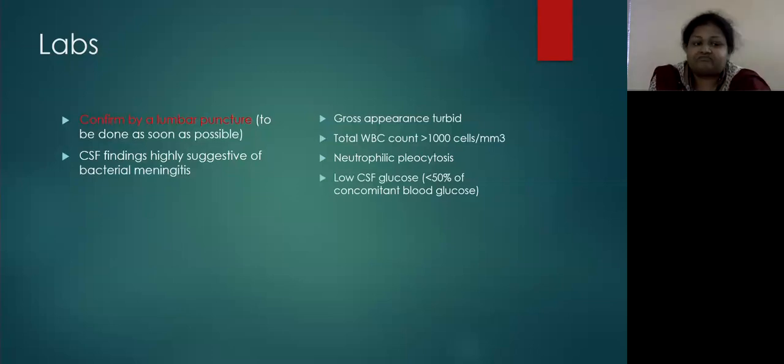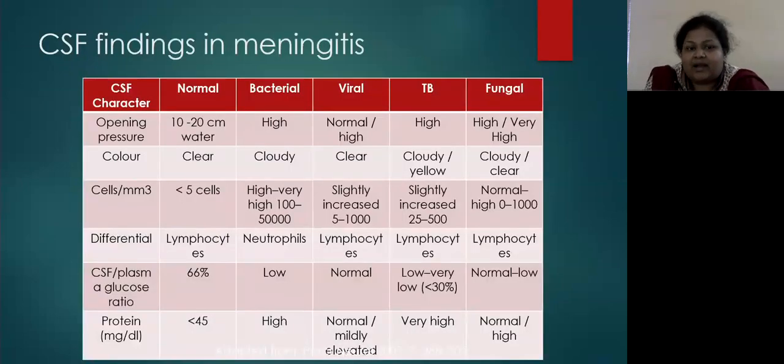So this is a table comparing bacterial, viral, TB, and fungal. If it's the normal bacterial, which is what we are talking about now, you have a high opening pressure with a cloudy looking CSF, with a high cell count, which is neutrophilic, and a low glucose with a high protein. How is this different from, let's say, TB? The protein will be very high, and it's mostly lymphocytic, while the cells will not be that high in tuberculosis.